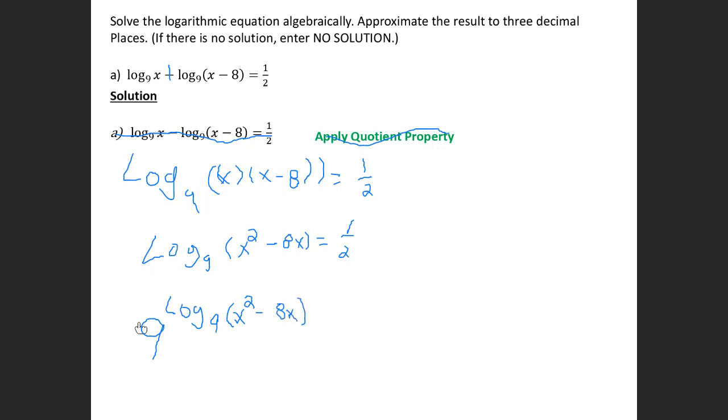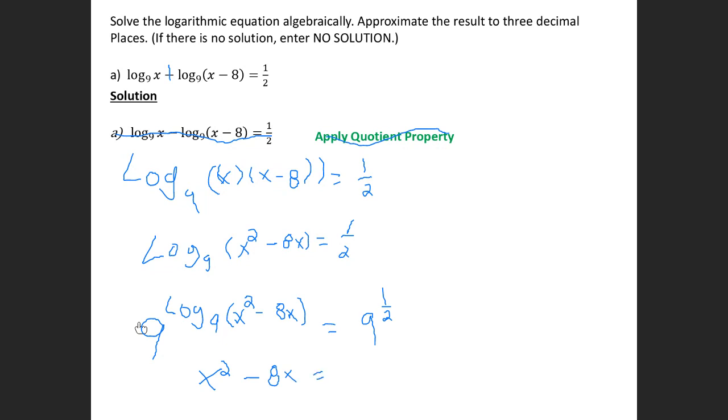But whatever I do on one side, I have to do to the other side. So I have base 9 to the 1/2. Because it's my inverse property, not that they cancel, but the log base 9 with a base 9 becomes 1. So this side becomes just x squared minus 8x.